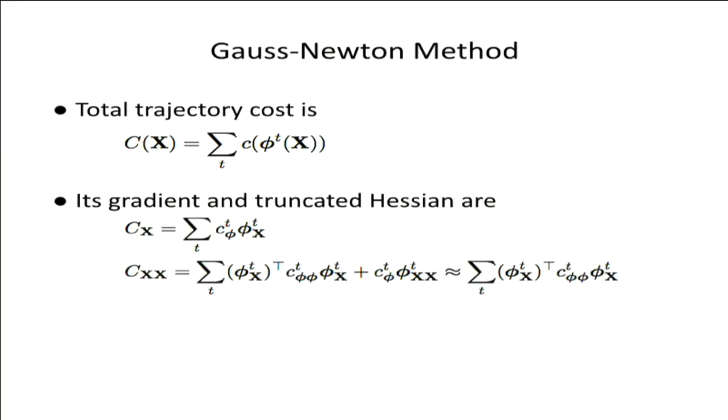Similarly, in the Hessian, now you need the second-order terms. And the Hessian of the costs with respect to the features is usually pretty doable to get, because these costs are usually analytical functions that you define yourself.